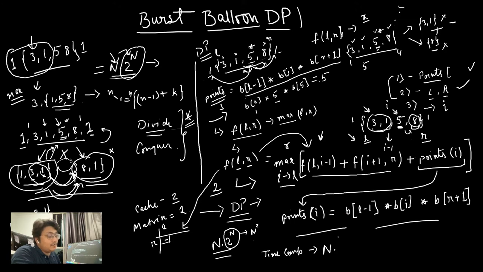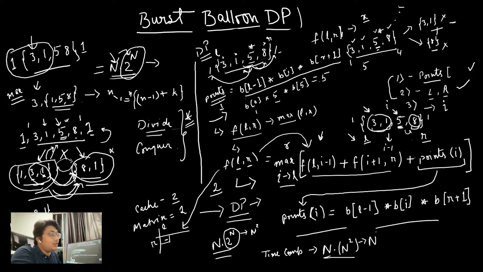And how many subarrays are there for a given array of size n? That will be in the complexity of n square. So for every element, we are breaking the array into all possible subarrays without that element, and we are trying to calculate the solution for the remaining subarrays. So the total time complexity for this solution will be n cube.